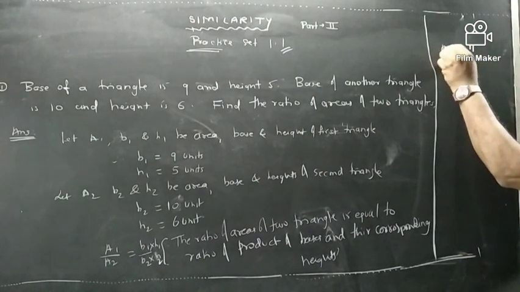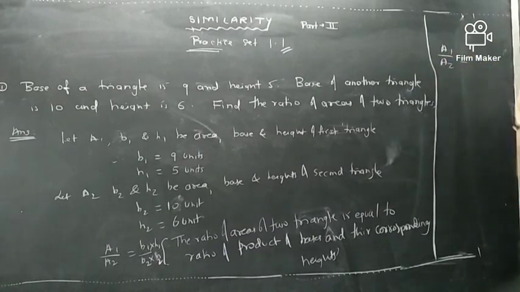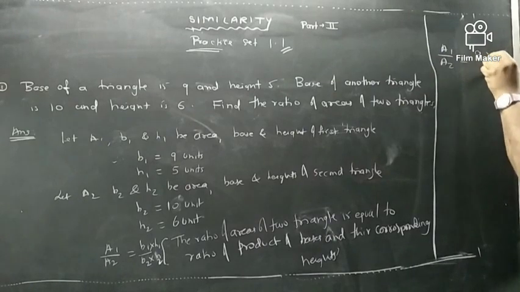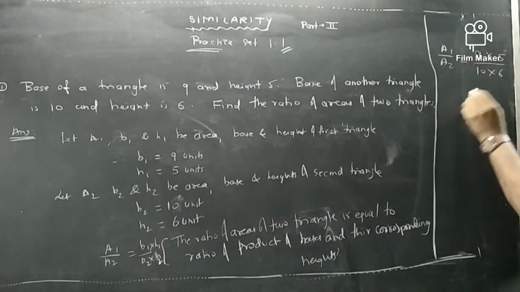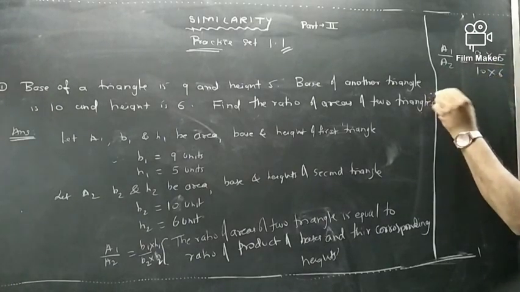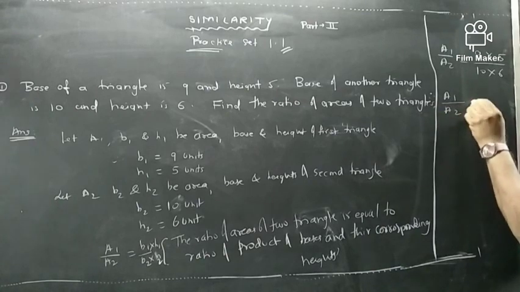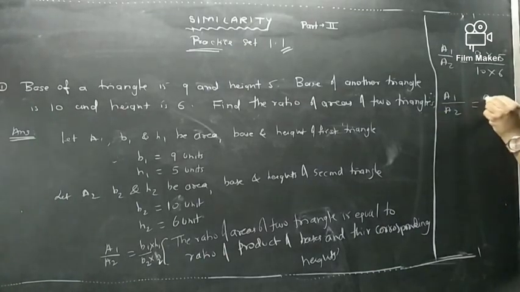So ultimately, A1 upon A2 is equal to the value of B1 into H1, 9 into 5, upon 10 into 6. I can cancel: 5 ones are 5, 5 twos are 10, 3 twos are 6, 3 threes are 9.